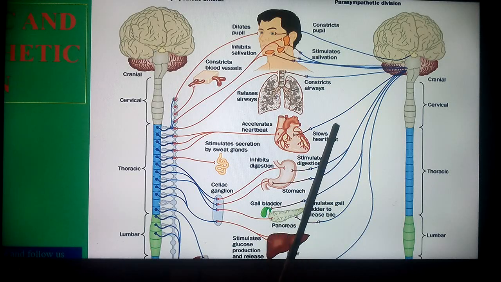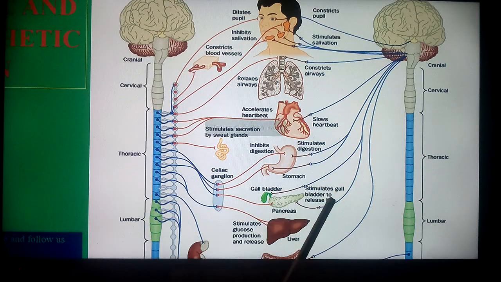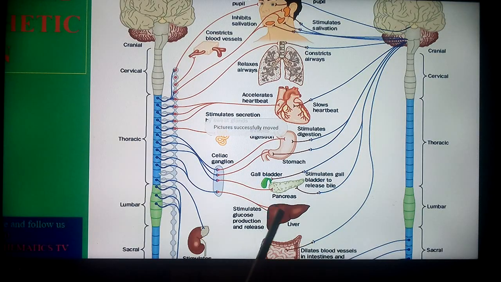If we consider another one, stimulation of digestion is a normal activity, but inhibition of digestion is initiated in some kind of emergency or some activity that's not normal to the body. That is what we refer to as an emergency response.